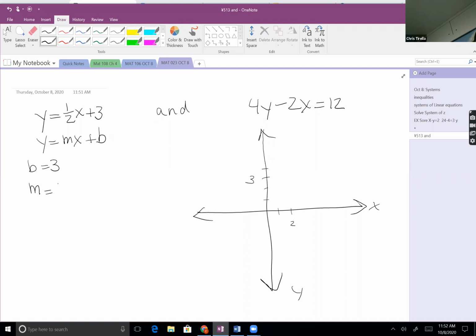M is 1/2. It's positive. So from this 3, I'm going to go up 1 over 2. Up 1 over 2. And so there is my line. Everybody comfortable with that line?